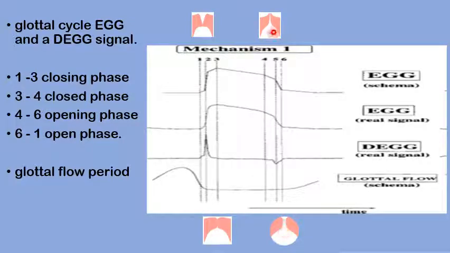So this would mark from 4 to 6 the opening phase, and then from 6 till 1 there will be the open phase until it starts all together again. So these are a way of describing the vocal fold movement in closure and in opening up of the glottis during one vibratory cycle.